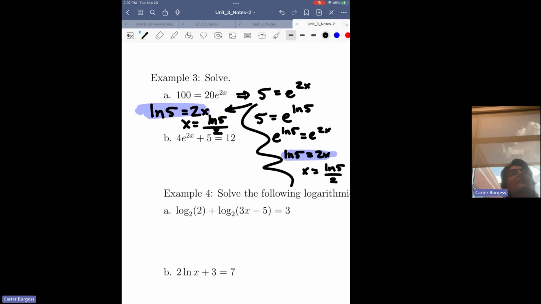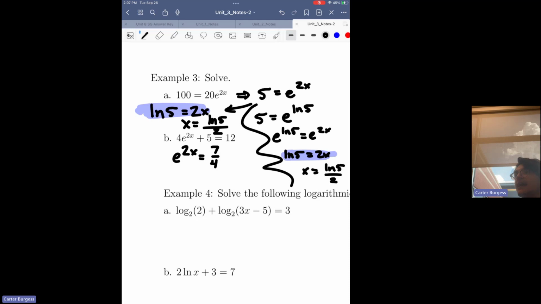All right, let's try it with b as well. Again, I need to isolate the exponential piece of this statement. What do I have to do to isolate the exponential bit? Subtract 5 and divide by 4. I get that e to the 2x is equal to 7 over 4.